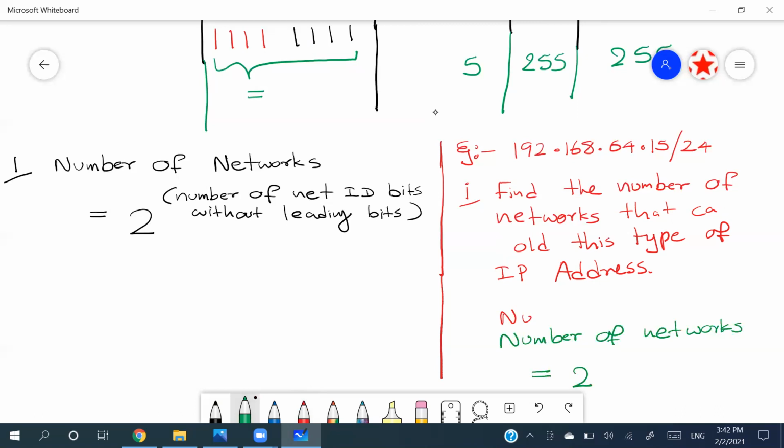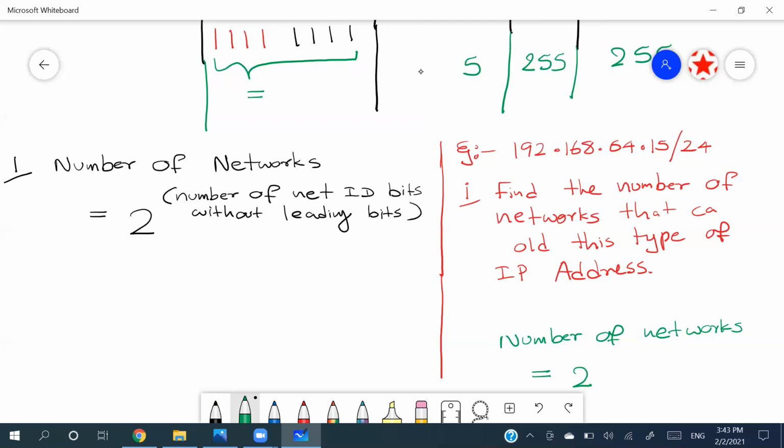And look at the equation. It says number of net ID bits without leading bits. So we need to figure out, if the IP address starts from the value 192, how many leading bits to remove or deduct. If you refer to the table that you drew in the previous class, you can see 192 belongs to class C, and class C has 3 leading bits.